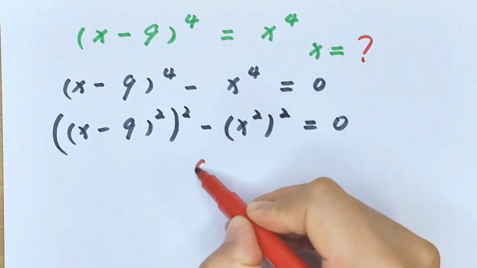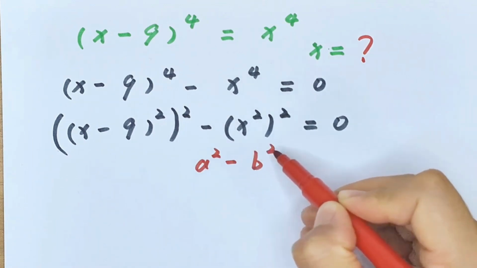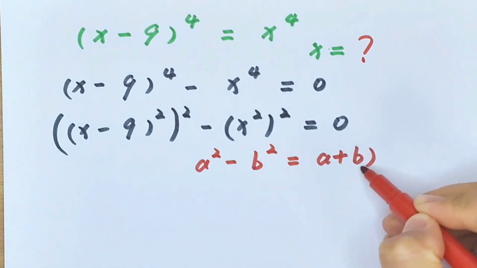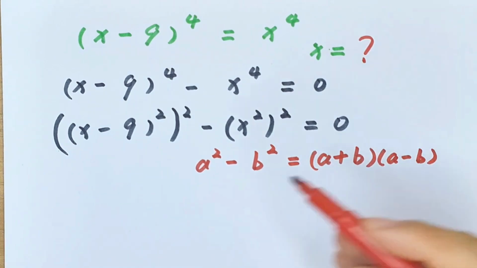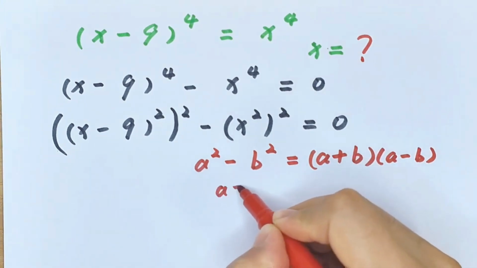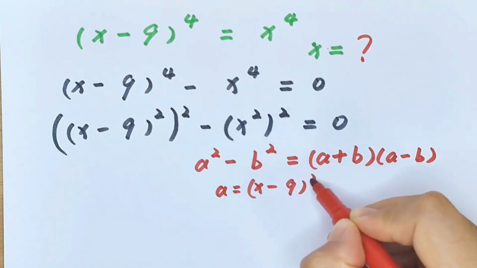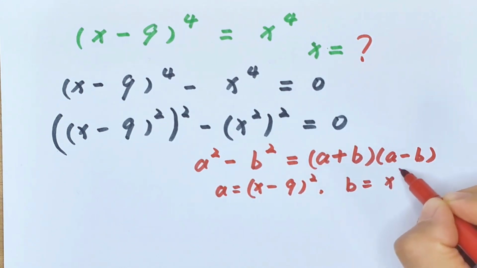We know a to the power of 2 minus b to the power of 2 equals (a plus b) times (a minus b). In here, a is (x minus 9) squared and b is x squared.